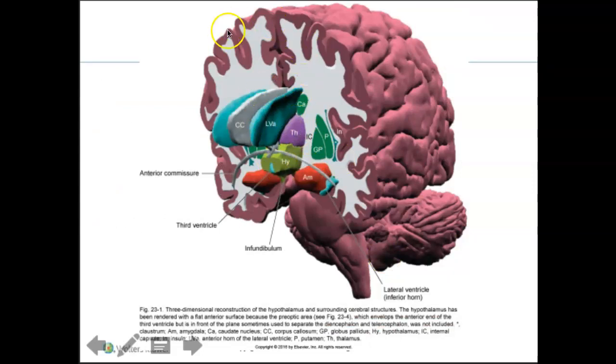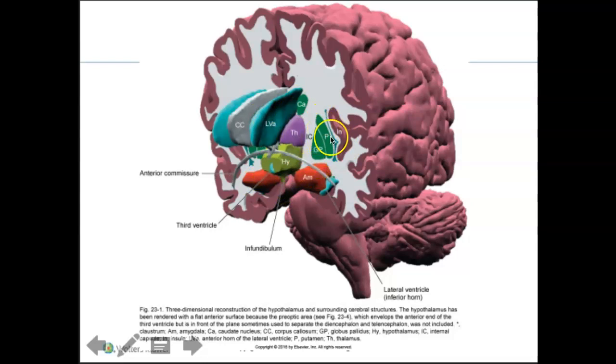You can look at this. Here is a brain with almost the entire frontal lobe and the frontal parts of the temporal lobes removed, and what's left is the inner portion of the brain where you can see the hypothalamus. Just don't forget that inside the hypothalamus is that empty space, the third ventricle. It sticks out here and you can see a little bit of the third ventricle. If you keep cutting, the empty portion will be larger and larger, and right above it is the thalamus.